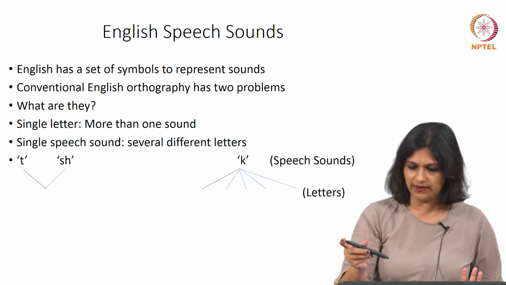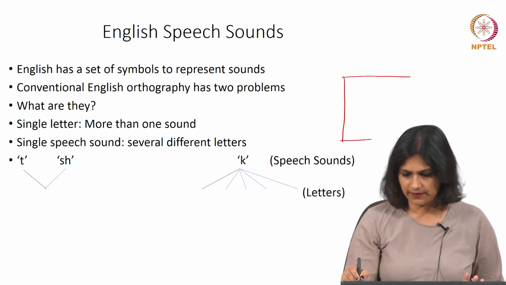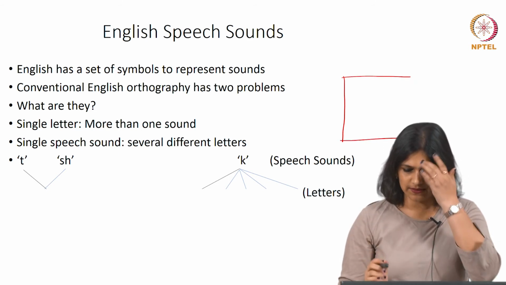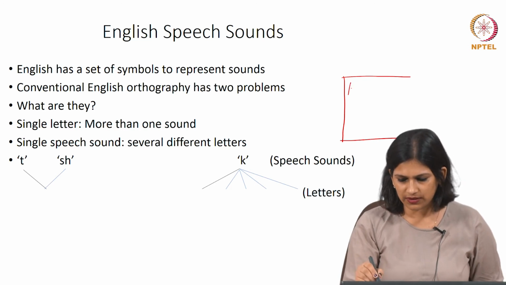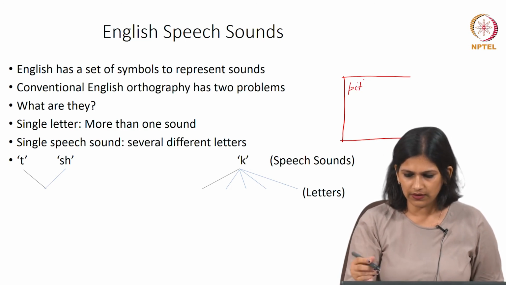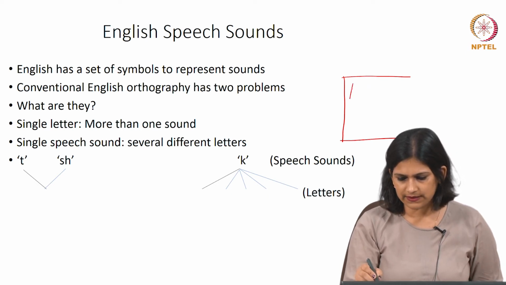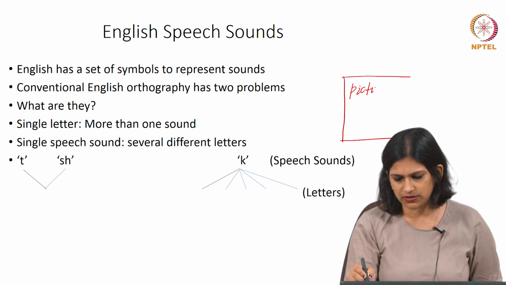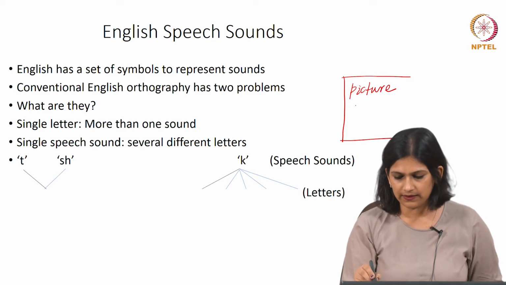If I can write here, let us say I am drawing a tiny box out here. So, I am writing picture. This is the spelling of picture, okay, and this is called the orthographic representation.